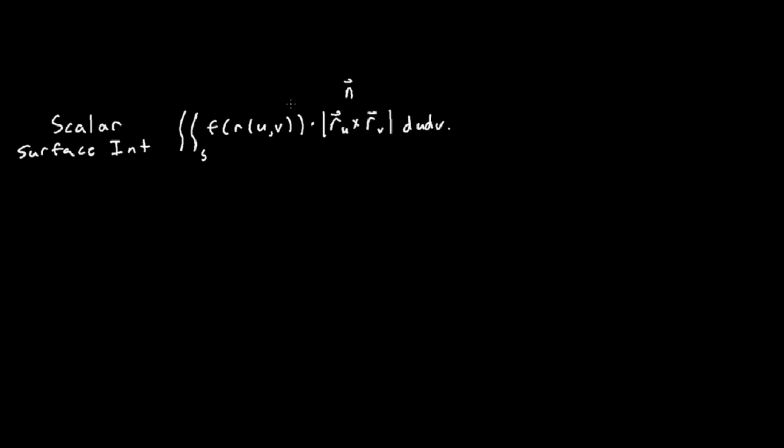Now let's go just a little bit more in depth in this. If you have some explicitly defined function as your surface, so z is defined by some function of x and y, you can write your surface integral like so.